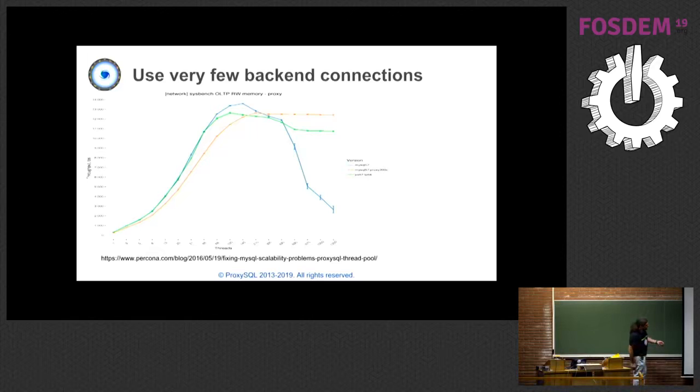But then, as the number of connections increased, at around 300 or something like this, no, around 200, the performance with MySQL Server dropped drastically. The performance with Percona Server dropped as well, but because they had thread pool enabled, it didn't drop so much.